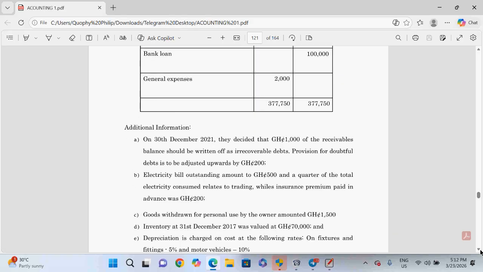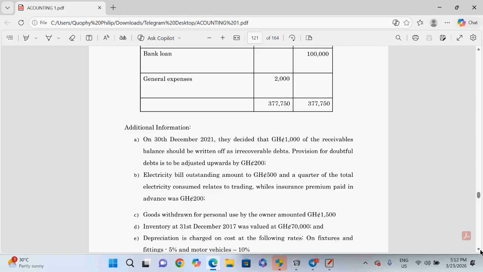So additional information. A. On 30th December 2021, they decided that 1,000 cedis of the receivables balance will be written off as irrecoverable debt. B. Provision for doubtful debt is to be adjusted upwards by 200.